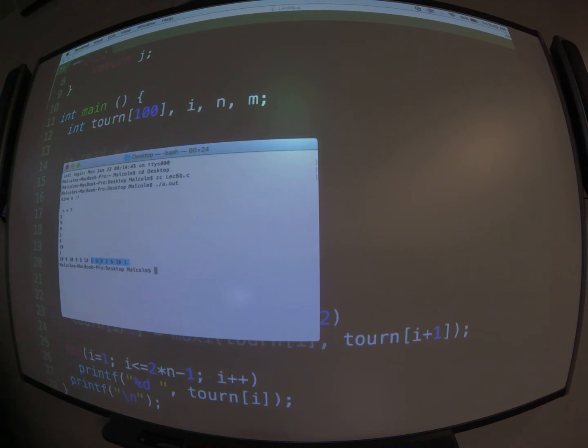And then 10 and 1, max is 10. 6 and 2, max is 6. 8 and 9, 9. 5 and 10, 10. Then 6 and 9, 9. And 9 and 10. Okay? Is it clear, everybody?